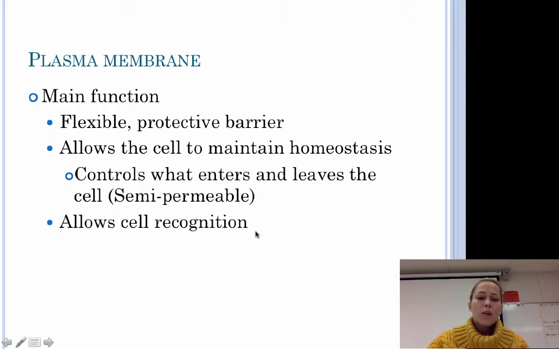So your body is able to detect any sort of foreign cells or foreign invaders because of these cell surface markers on the surface of the plasma membrane.